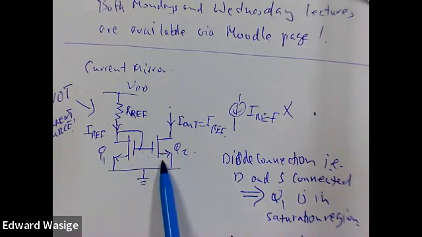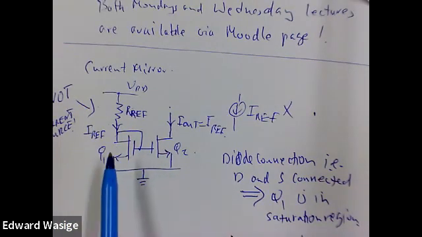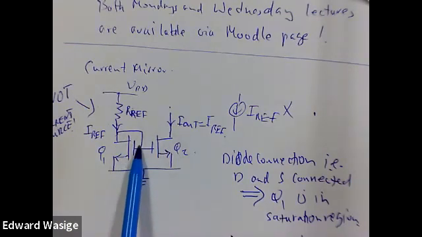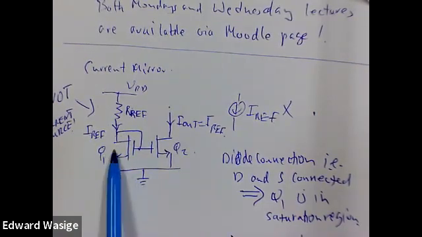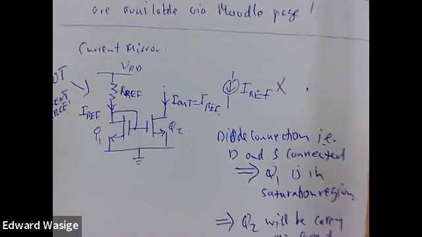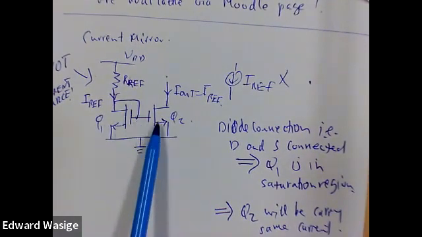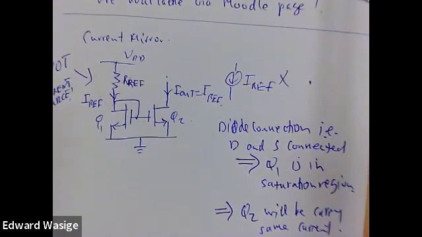So for the current mirror to work correctly and for the current to be mirrored accurately, both transistors need to be in the saturation region, or the active region. If this connection is not there, the two currents are not necessarily identical.